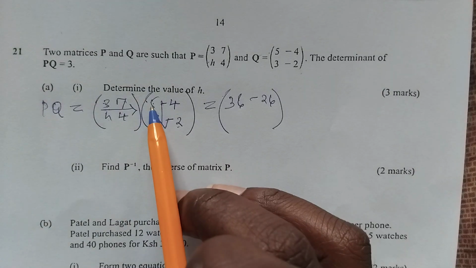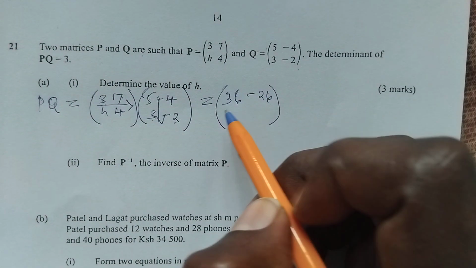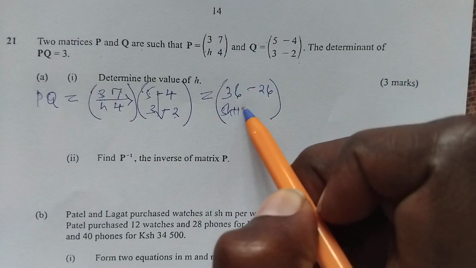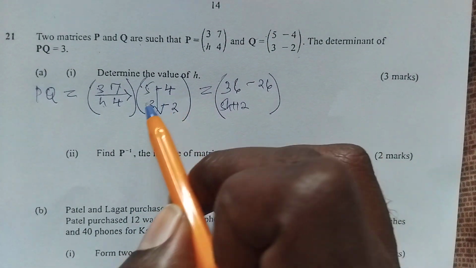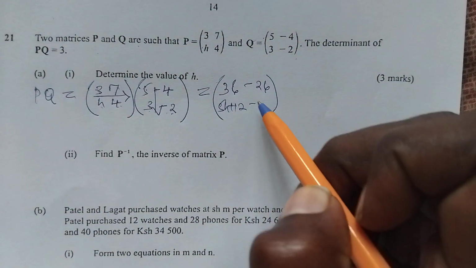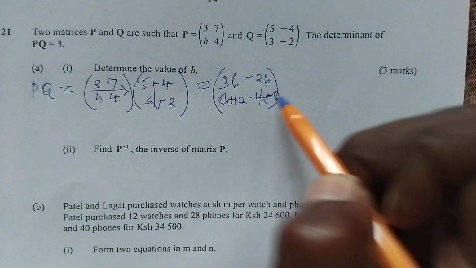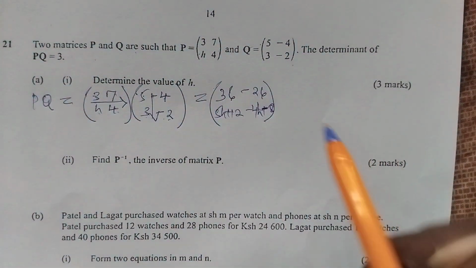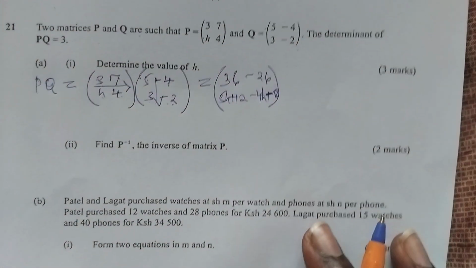Then we have 5H plus 12. Then this one we shall have negative 4H plus negative 8. So you are being told that the determinant of this matrix is 3.